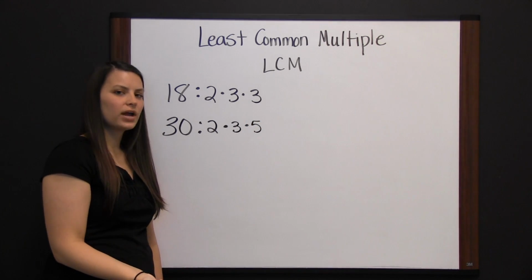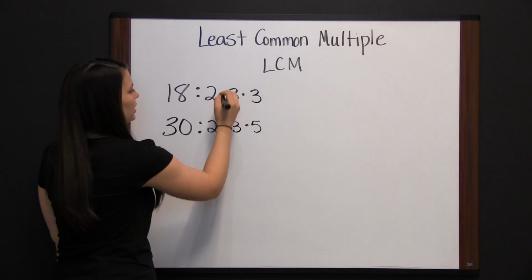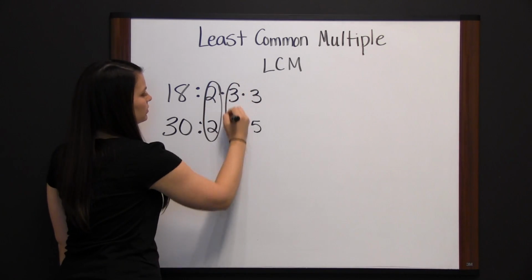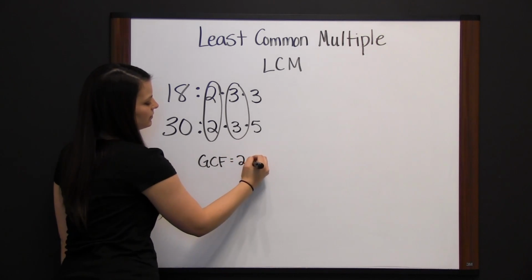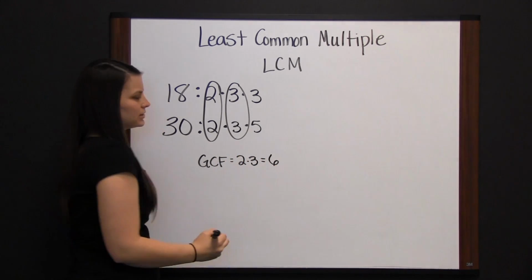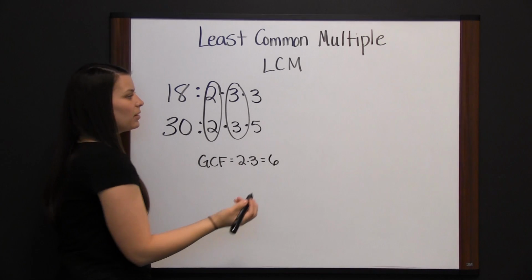The GCF, or greatest common factor, is 2 times 3, or 6.